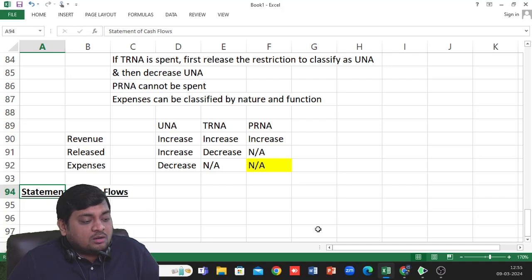Now here also we have operating, investing and financing.